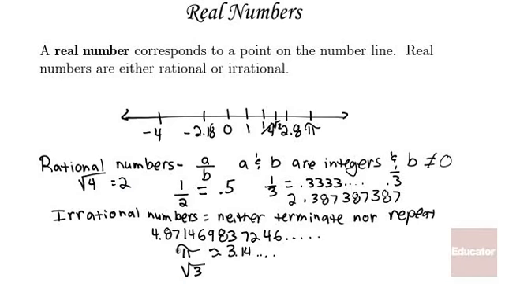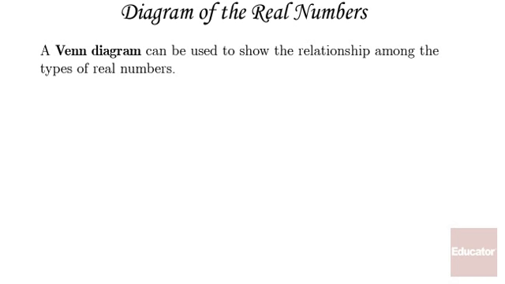Sometimes we express the relationship between the various types of real numbers using a Venn diagram. So I'm going to go ahead and break down the real number system into its subsets and then show you how this works as a Venn diagram. So we have the real number system.